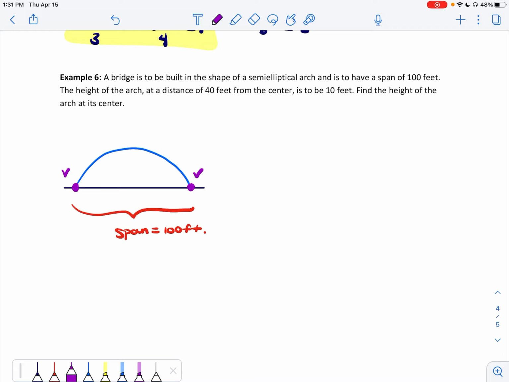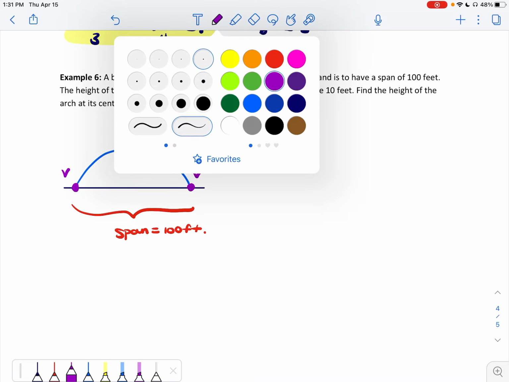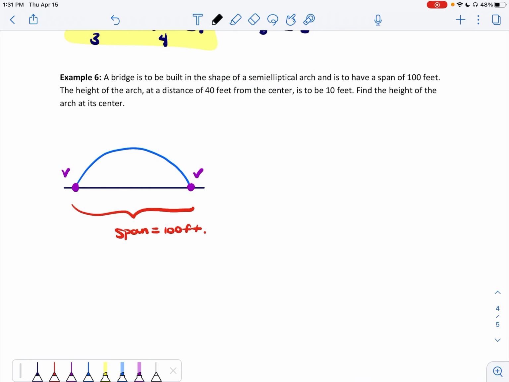All right, and then it says at a distance of 40 feet from the center, the height of the arch is 10 feet. Okay, so let me go ahead and introduce a coordinate system in here. So just for the sake of simplicity, I'm going to go ahead and just say the center of our ellipse is going to be at the origin.